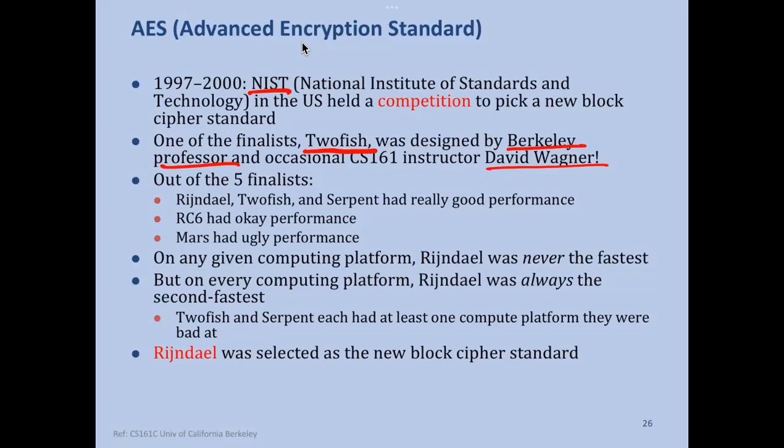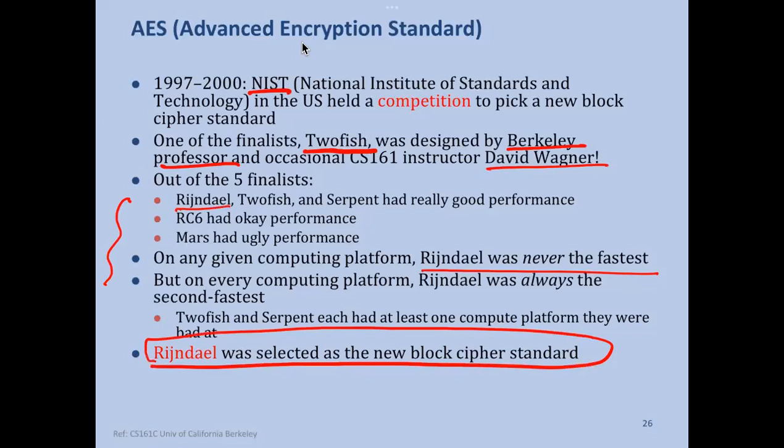So he designed this, and there were other finalists from other people. Rijndael was another one, and although the Berkeley team claims that Rijndael was never the fastest, it was finally selected because its performance was good over all kinds of inputs. So the Rijndael algorithm was taken as the AES algorithm.